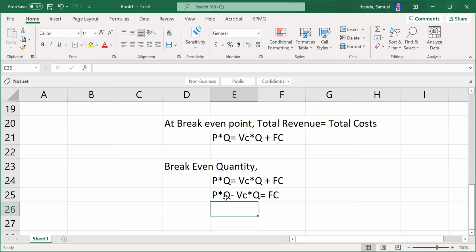Since I have Q here and Q here, I'll take Q out of the bracket, and I'll have Q times P minus VC is equal to FC.